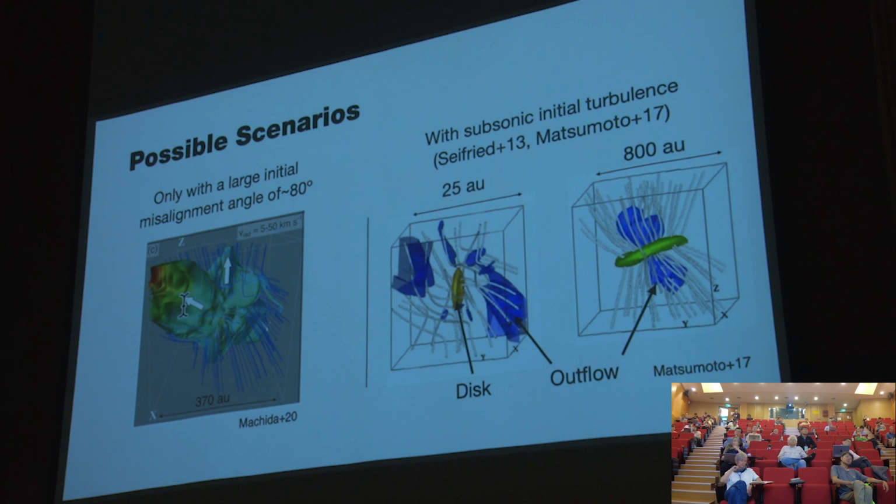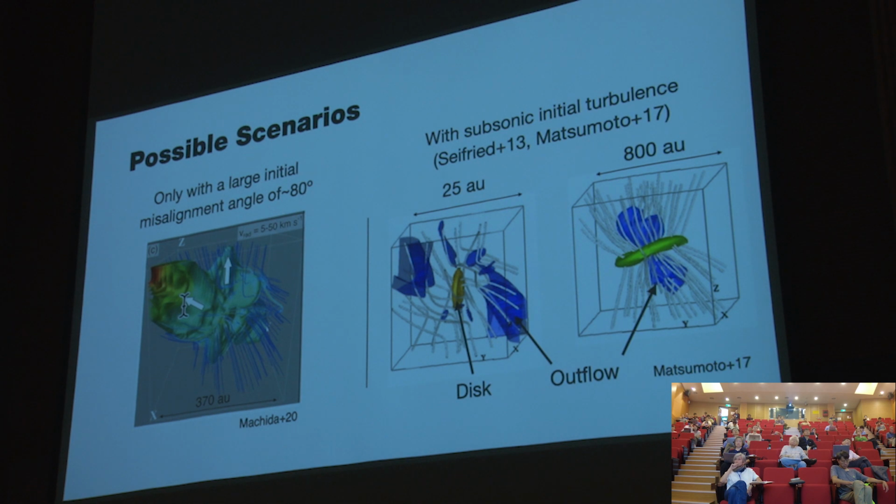But in this situation, they also found that a large initial misalignment angle is required. If the misalignment angle is moderate, like 50 or 60 degrees, then they did not observe significant time variation of disk orientation.